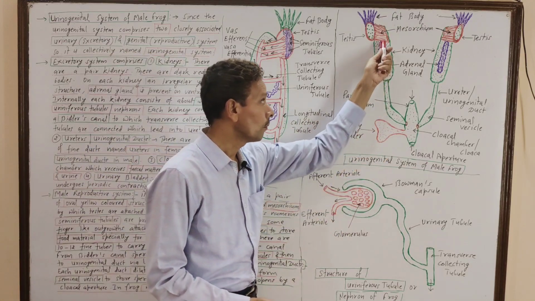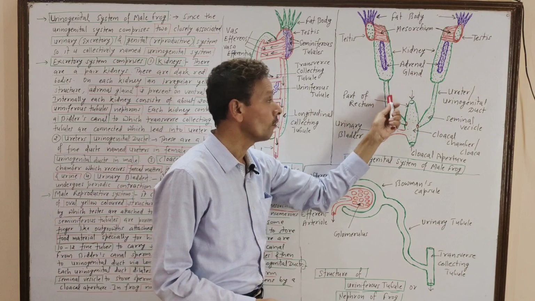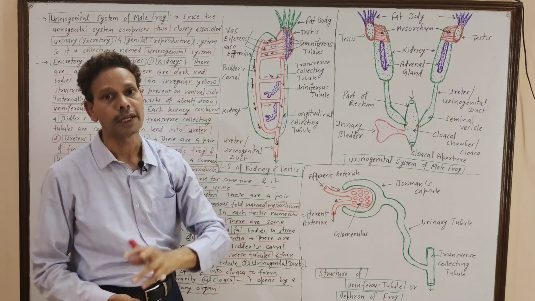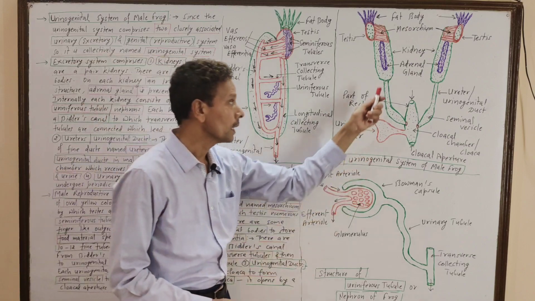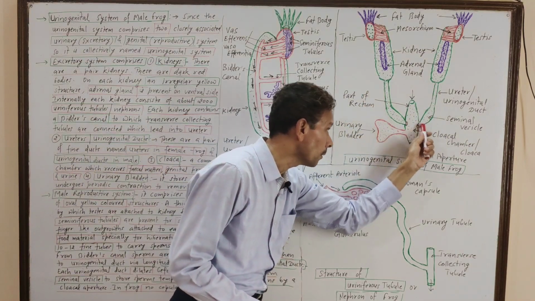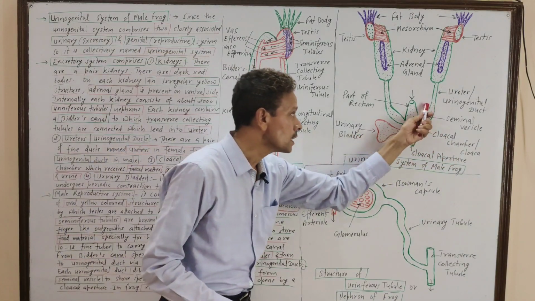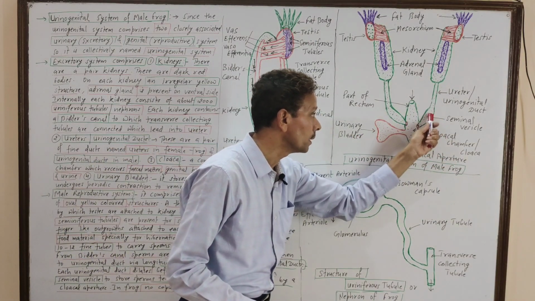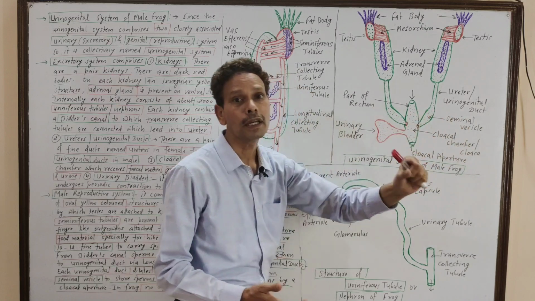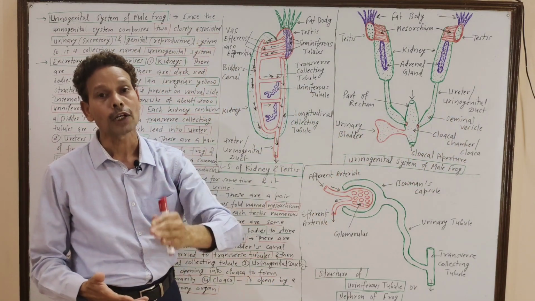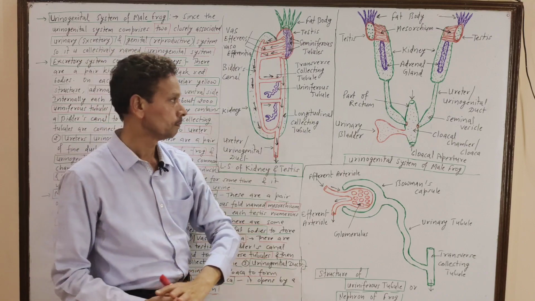Now down from these kidneys, a pair of ureters, which are fine simple ducts in the female frog, but in the male frog this terminal part gets enlarged, and this swollen part of the ureter is named the seminal vesicle, which stores the male reproductive discharge, semen.